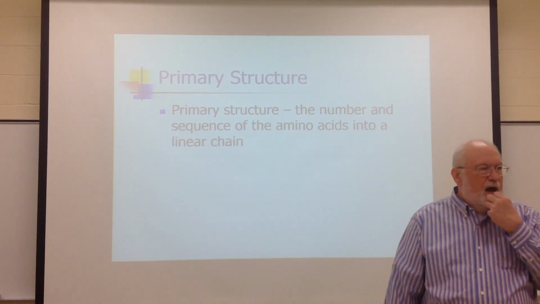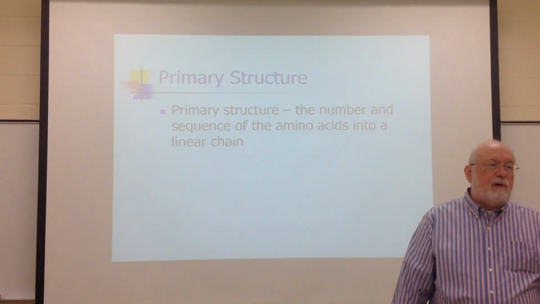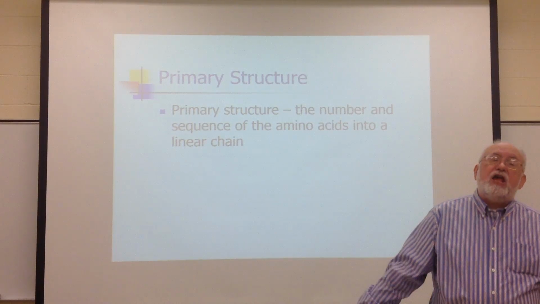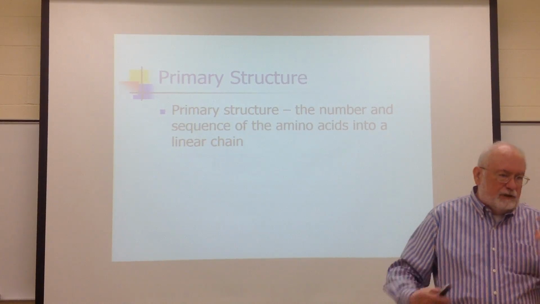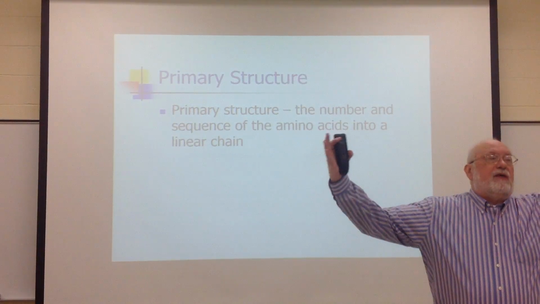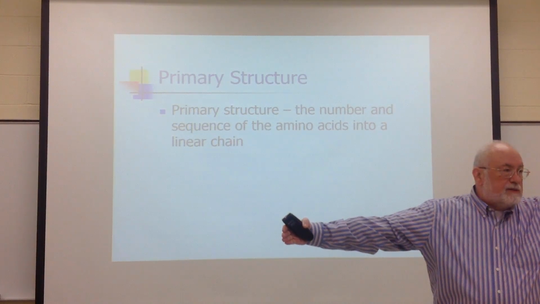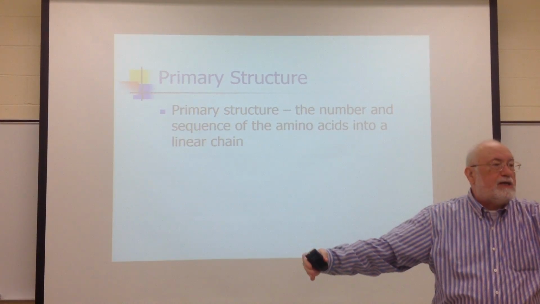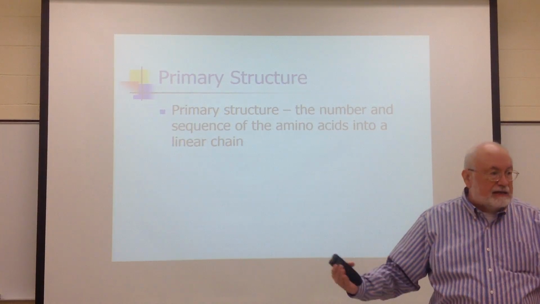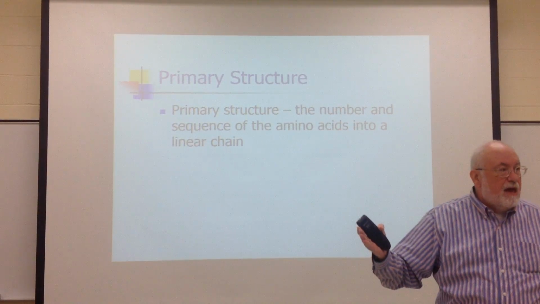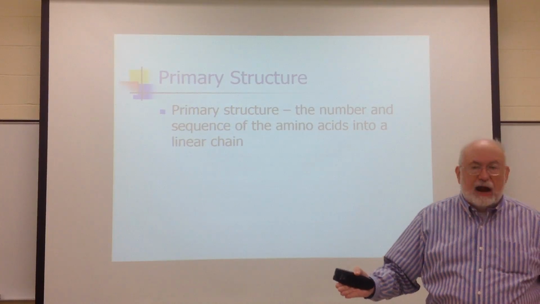Water. All right, now, there are like 20 different amino acids. So there's a huge combination by which these things can get connected together. The length of the chain is important, so how many, and the sequence, in other words, the order in which they come. All right, that's the primary structure. That's all there is to it. How many, and in what order.